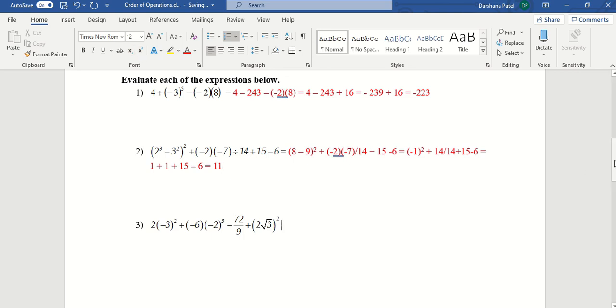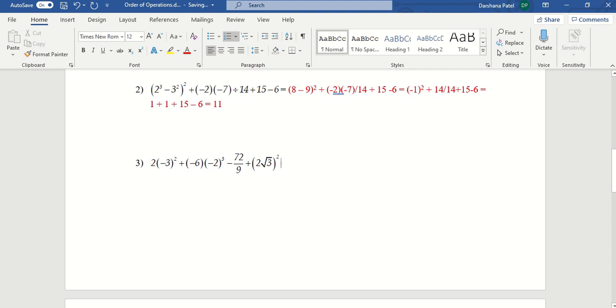Okay. For the next one then, again I'll start with brackets first. So 2 remains the same. Negative 3 squared, I can make it positive 9. Again, you can punch it in the calculator or you can do mental arithmetic. Negative 3 times negative 3 will give you 9. Okay. I prefer you not to use a calculator for this.